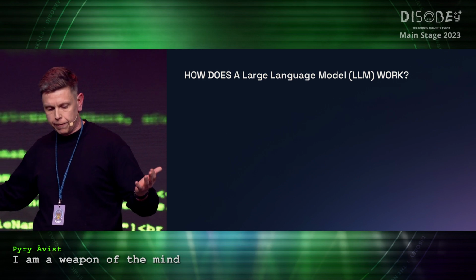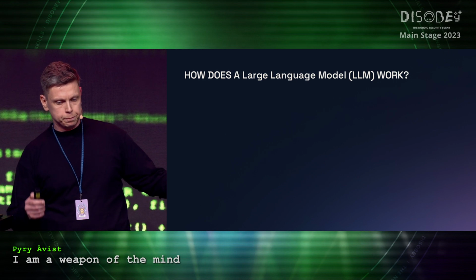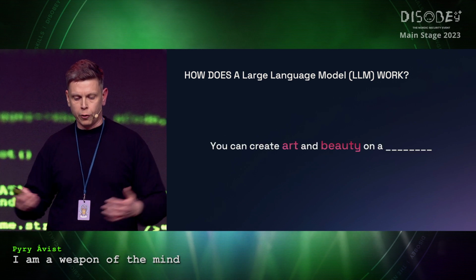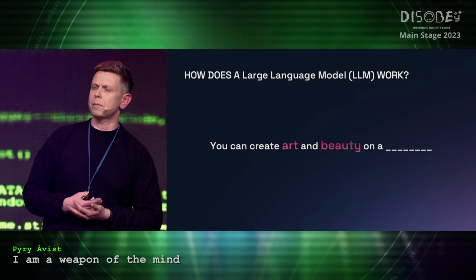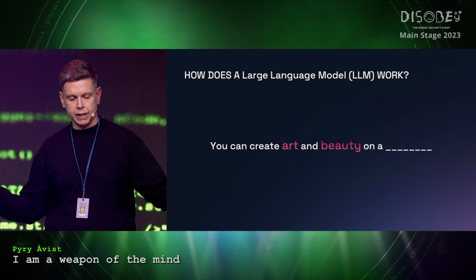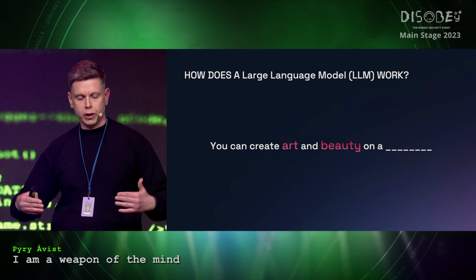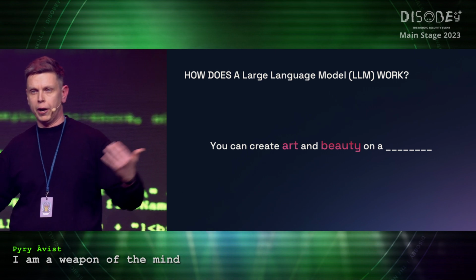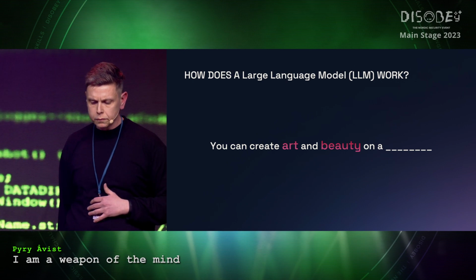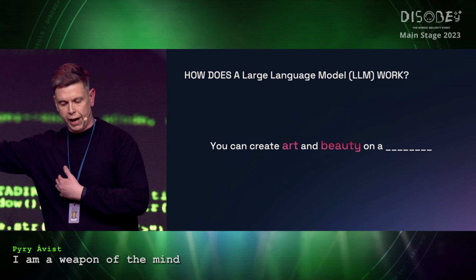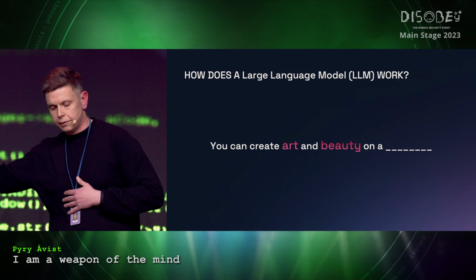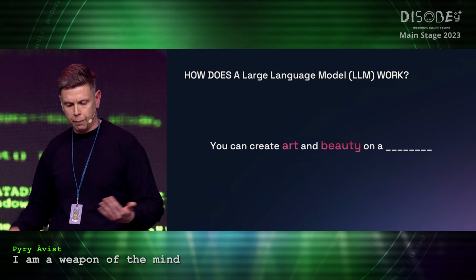So very briefly, how does a large language model work? I'm sure you all read the amazing hacker creed that is mentioned on the Disobey website. You have a sentence in there: you can create art and beauty on a, and then blank. Of course, all of you can think of some continuation there, and the hint in the hacker creed is a computer.